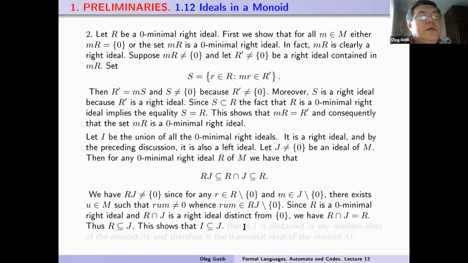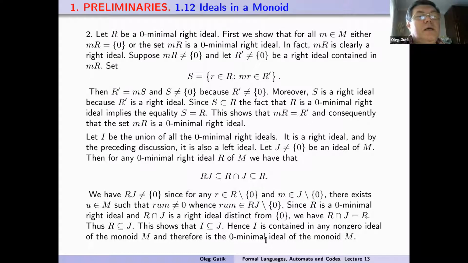This shows that I capital is a subset of J capital. Hence, I capital is contained in any non-zero ideal of the monoid M capital, and therefore is the zero minimal ideal of the monoid M capital.